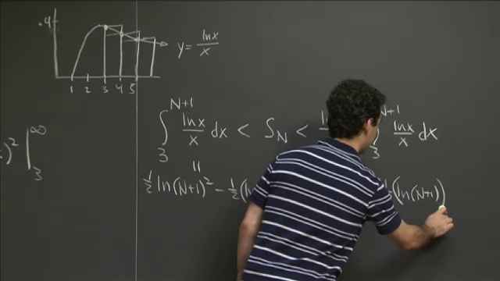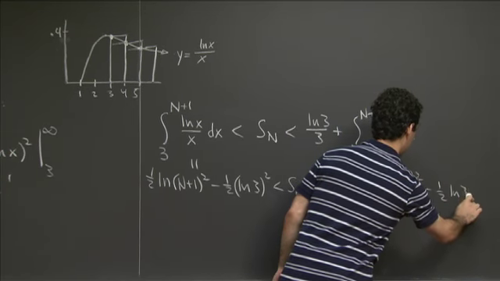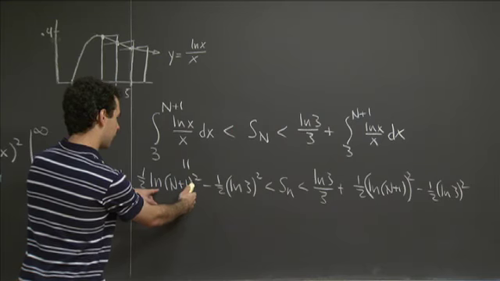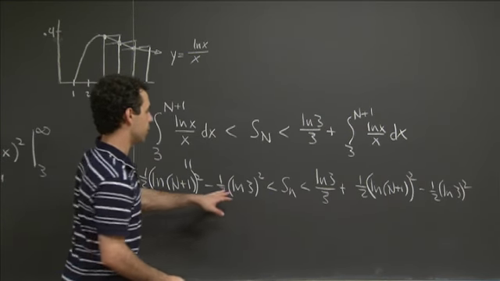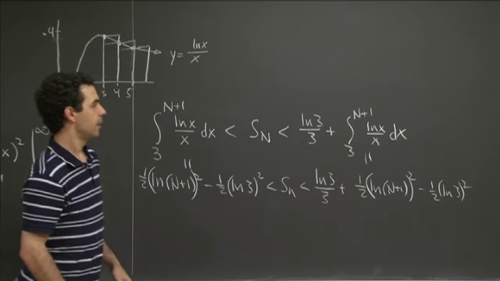So this is log N plus 1 quantity squared minus 1/2 log 3 squared. And here this is log N plus 1 quantity squared. Okay, so this right-hand side is equal to this right-hand side.